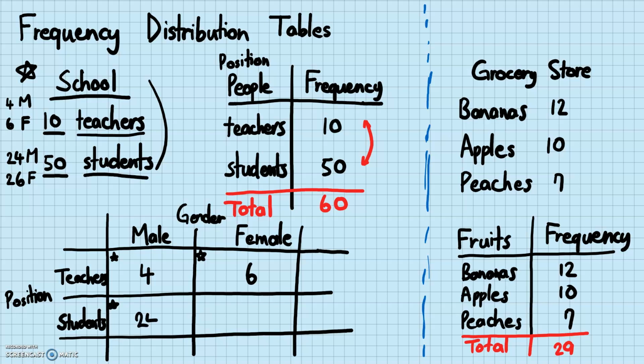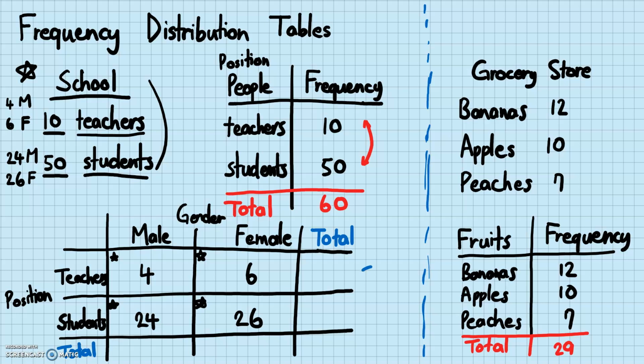There are 24. And over here, we have female students. There are 26. If you categorize it like this, not only do you know how many teachers and how many students there are, but you can also see how many males and how many females there are at the school. And on the side here, again, we're going to put the total.